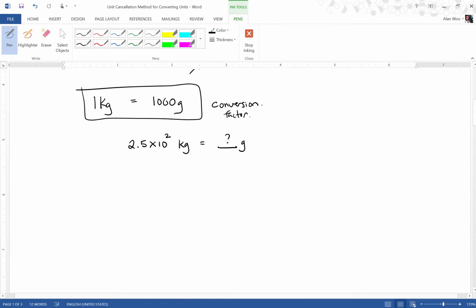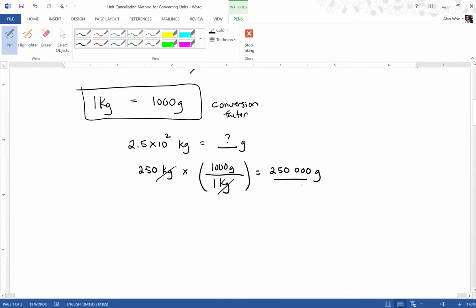So technically you have 250 kilograms here, multiplied by your conversion factor. Your conversion factor right now is 1 kilogram is 1,000 grams. Kilograms cancel out. 250 times 1,000 is 250,000 grams.